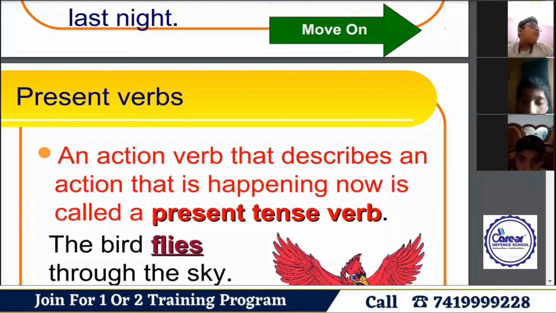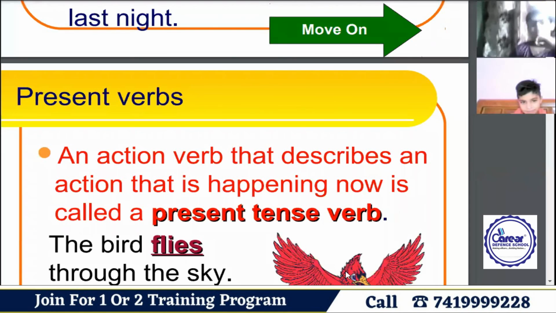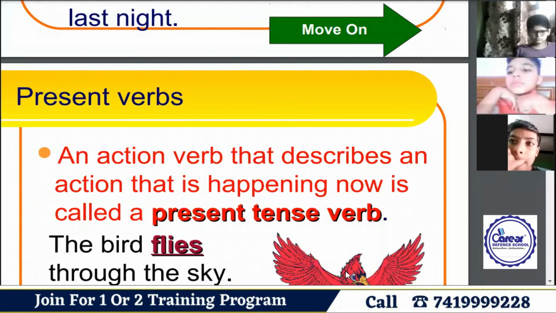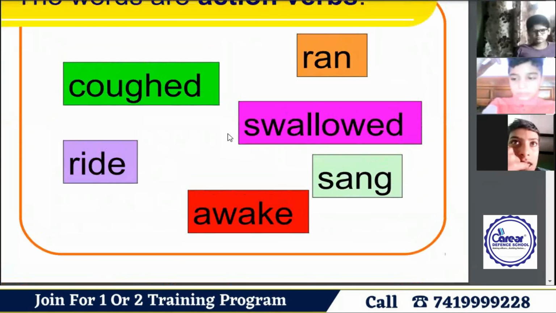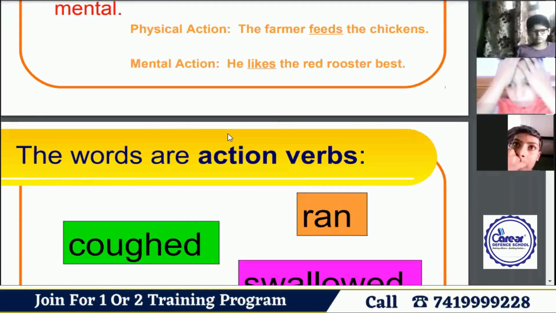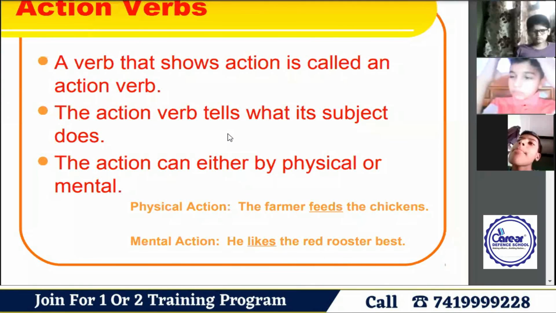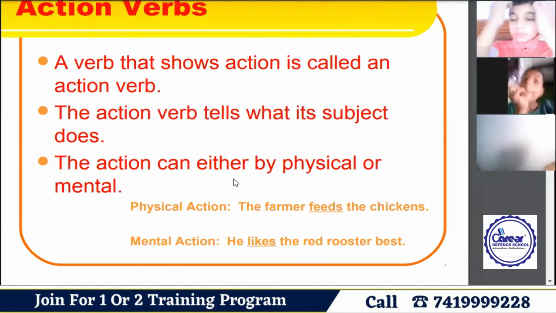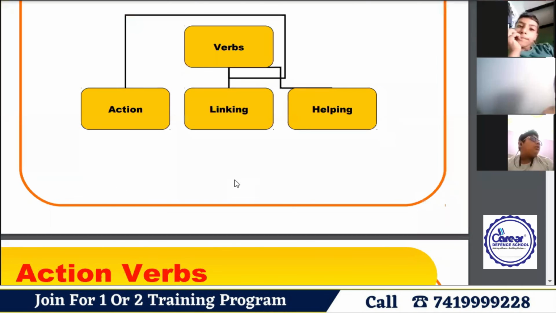So there are three types of verbs. How many types are there? Main verb, helping verb and linking verb. Main verb: action है, ये physical भी हो सकता है mental भी हो सकता है. We will go into detail about mental state in our next slide.